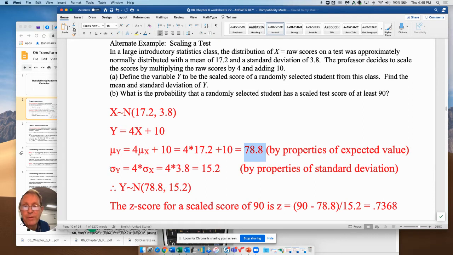Standard deviation is not affected by the 10. It's only affected by the 4. So to get the standard deviation of y, I take 4 times the standard deviation of x, and I get 15.2. That's true by the properties of standard deviation. So if the original distribution is normal, then my transformed distribution is also normal, but now it has a mean of 78.8 and a standard deviation of 15.2.